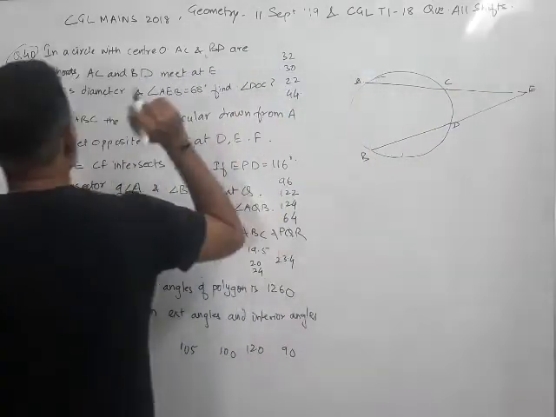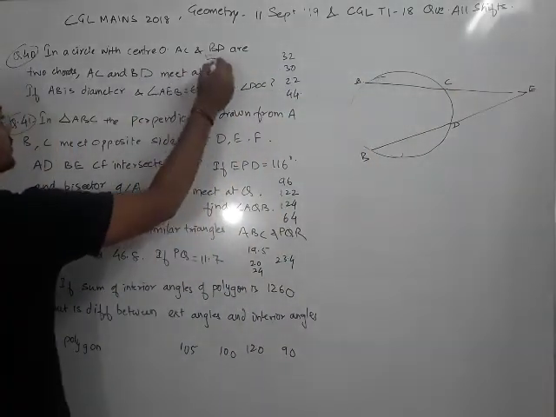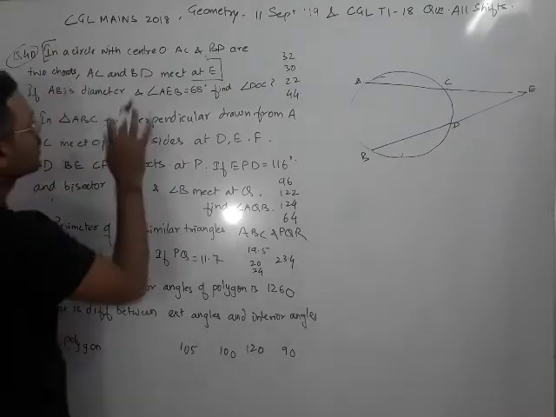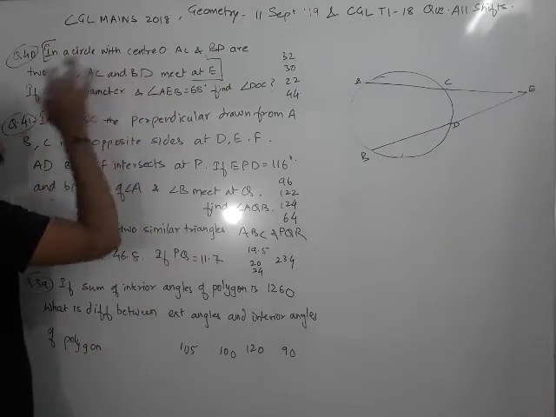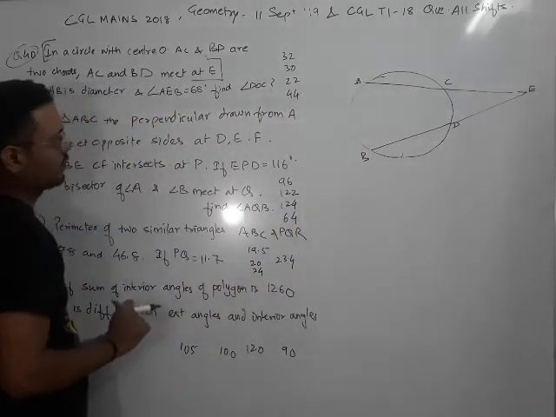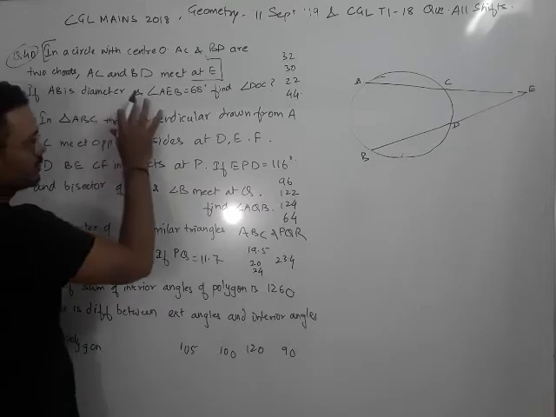So your job is to learn this much by heart. The moment you see these two lines, you should be able to recollect the structure. Now AB is a diameter.